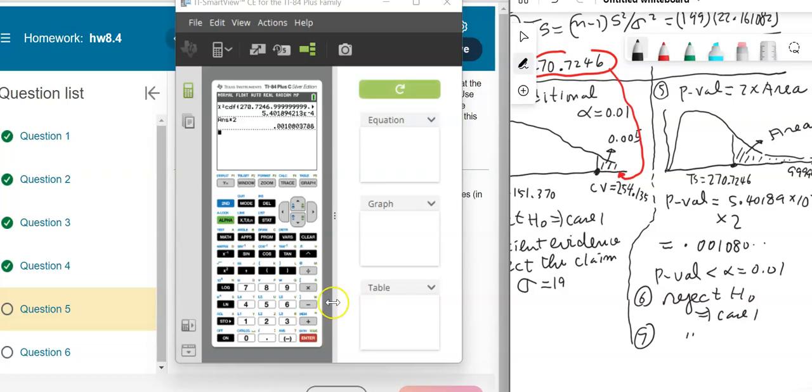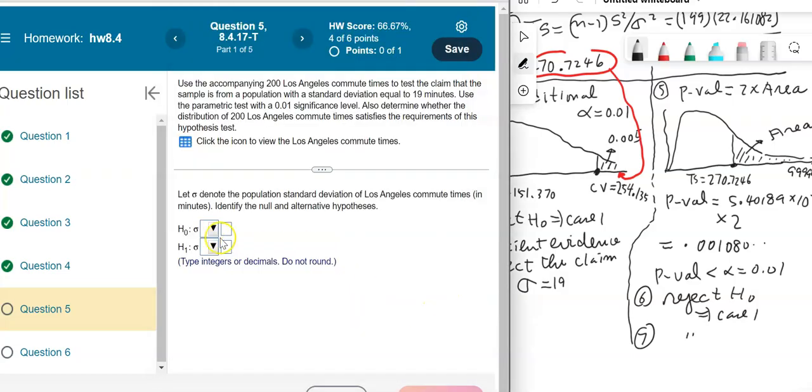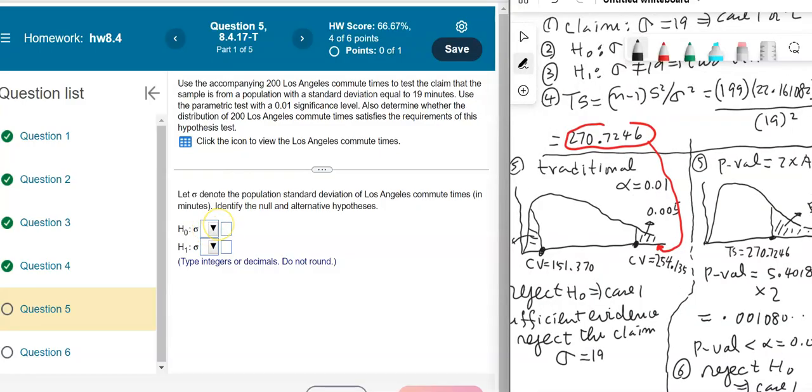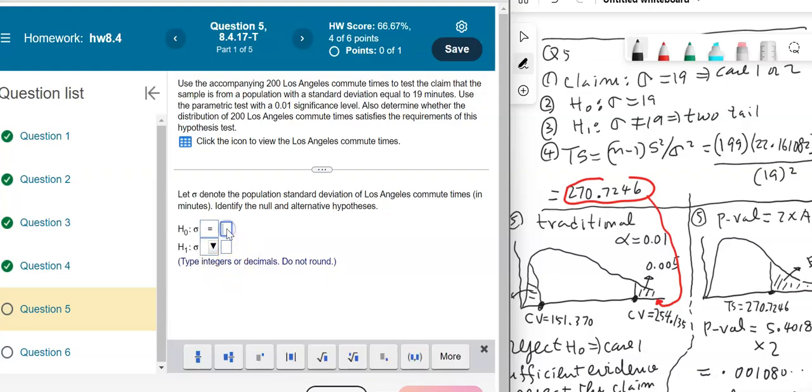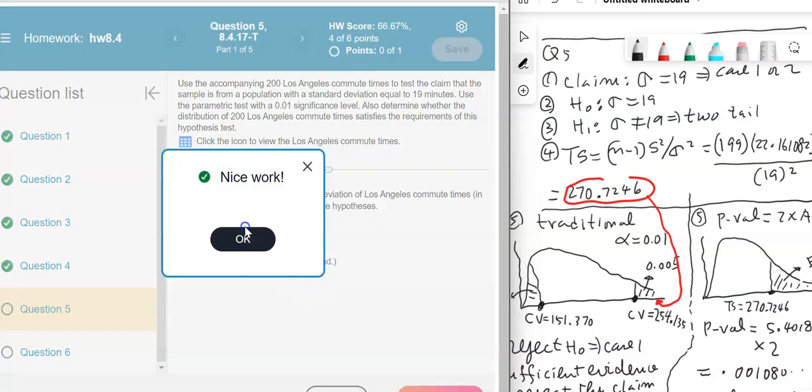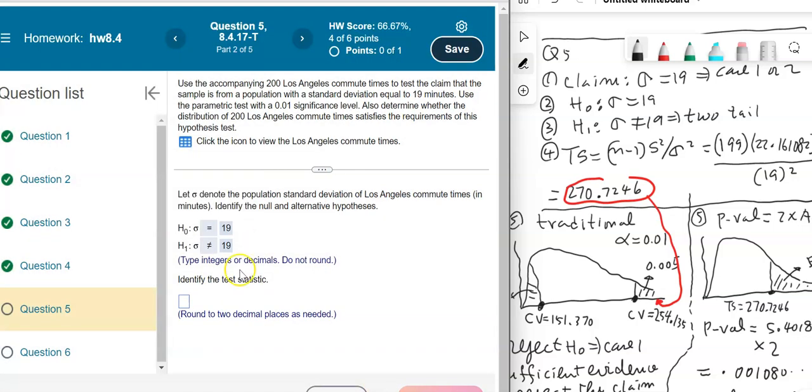So let's answer it. Okay, now, so null, I'm going to start from there. Null is sigma equal to 19. And then the alternative is not equal to 19. Right? Now, what is the test statistic?